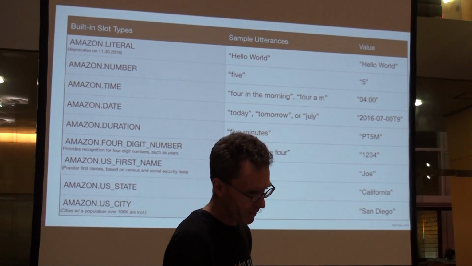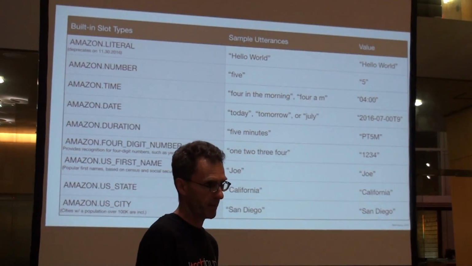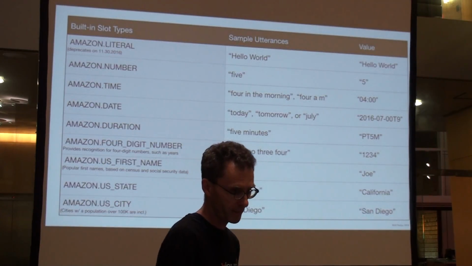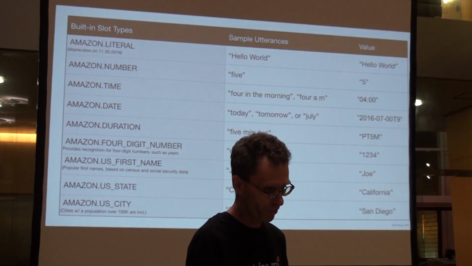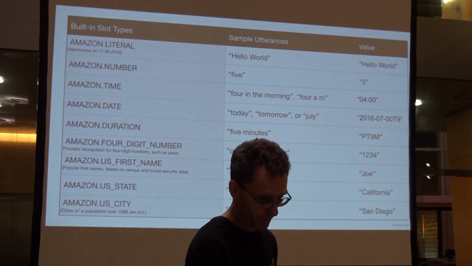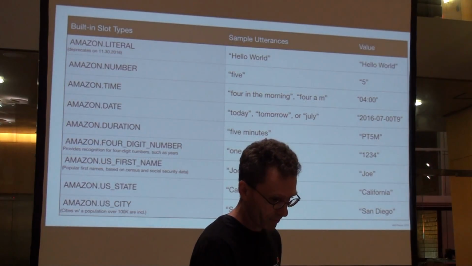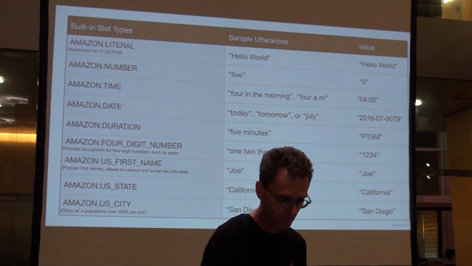So just as we just created our own custom slot type with the different operations, plus, minus, divided by, times, there's a couple of slot types predefined for us. One is for time, and you can see what the sample utterance for time could be like. Right, 4 in the morning or 4 a.m. There's a predefined slot type for date, today, tomorrow, or just a month.